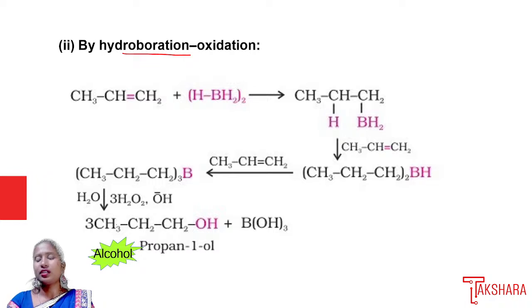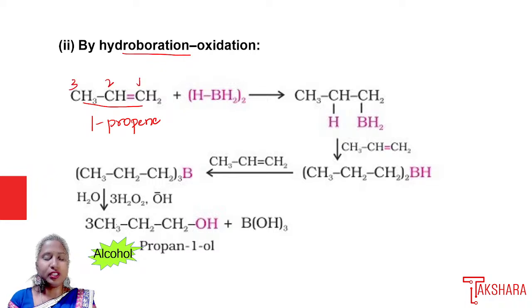Alcohol as a product. See, here the reactant we have is the alkene which is named 1-propene. So this is what? 1, 2, 3. So 1-propene is the reactant molecule, and the other reactant molecule is B2H6.